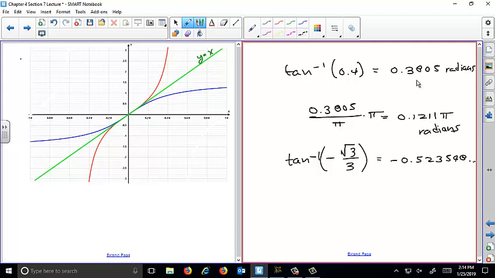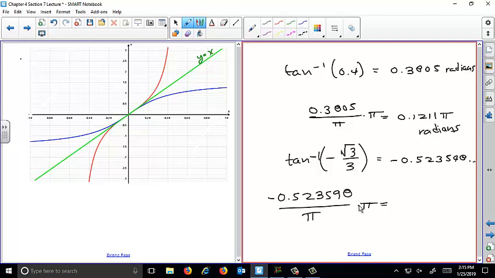So that looks kind of like that, but we know this is one of those special angles, so it's going to be pi over 6, pi over 4, or pi over 3, negative. So what we'll do is take that decimal number, which we'll leave in our calculator to get maximum accuracy, and divide by pi.